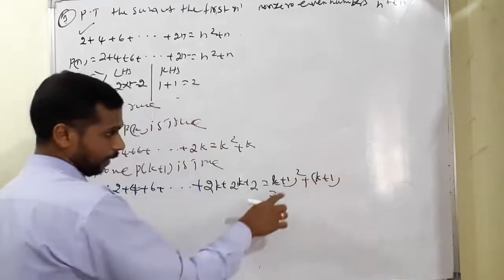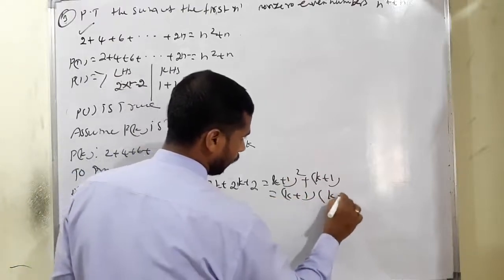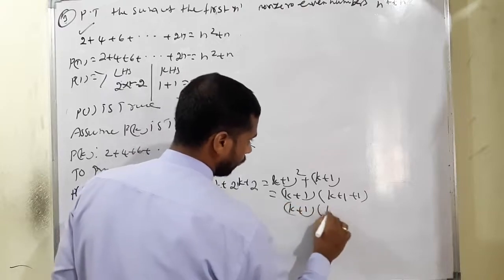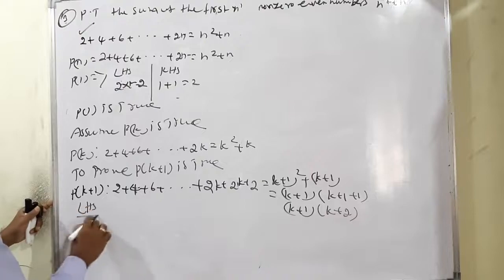On the opposite side, taking k plus 1 common outside, inside only k plus 1 will come. Therefore k plus 1 into k plus 2 will come.